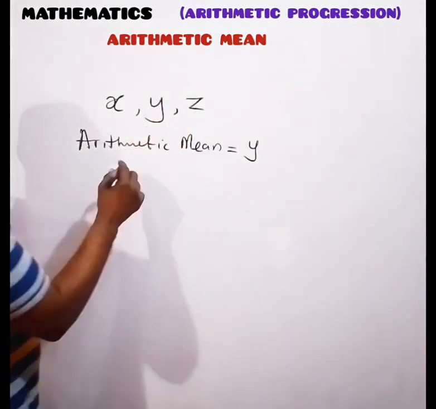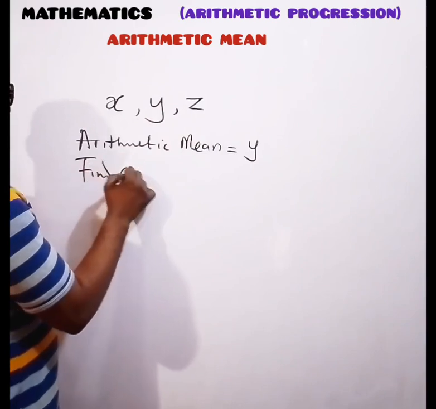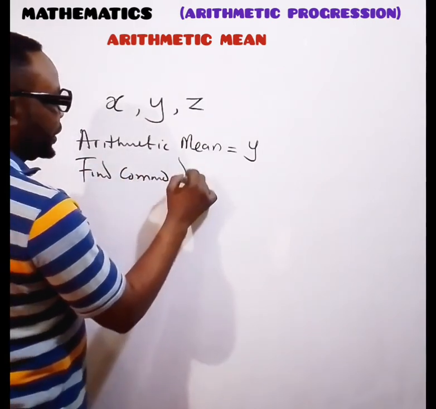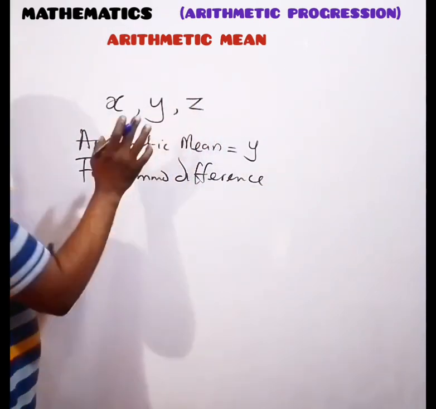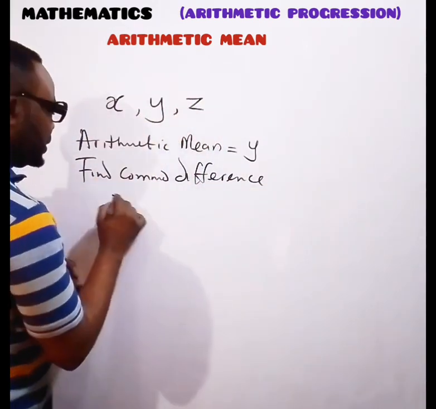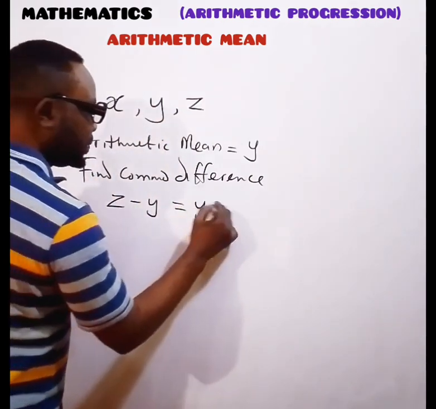Now, to find the common difference of this expression, we say z minus y equals y minus x.